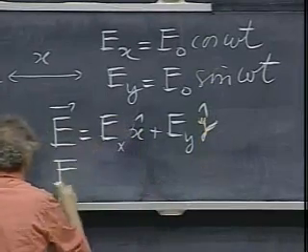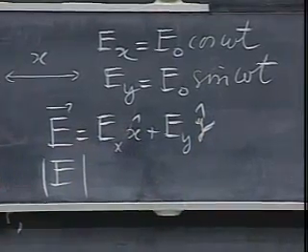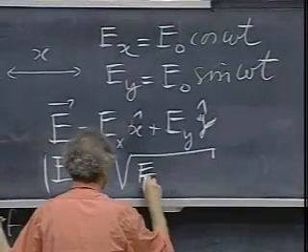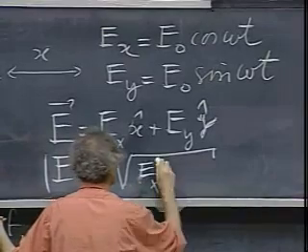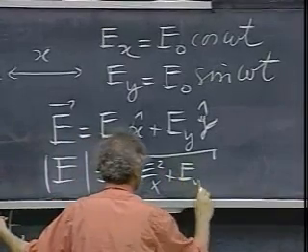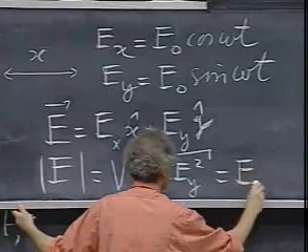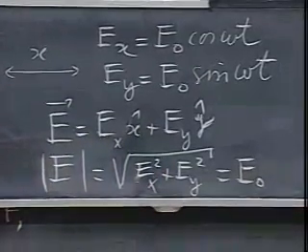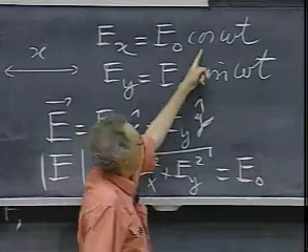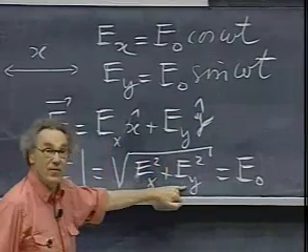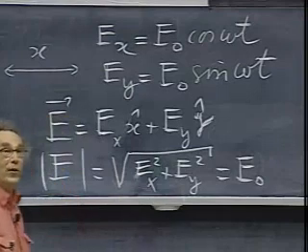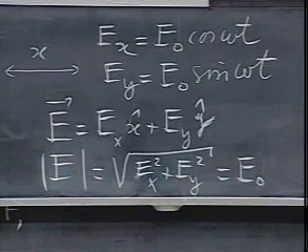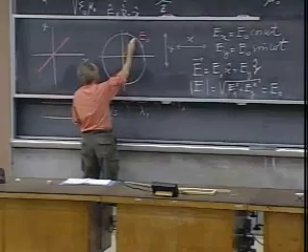And so the magnitude of this vector will be the square root of Ex squared plus Ey squared, and that is E0, because sine squared omega t plus cosine squared omega t is 1. And so you get under the square root E0 squared times 1, and so that's E0. And so you see that the amplitude is always E0.